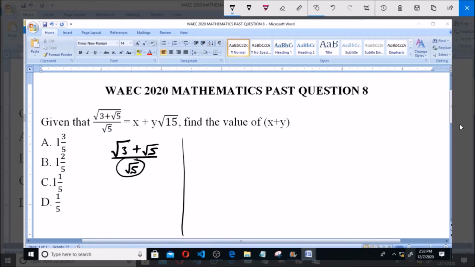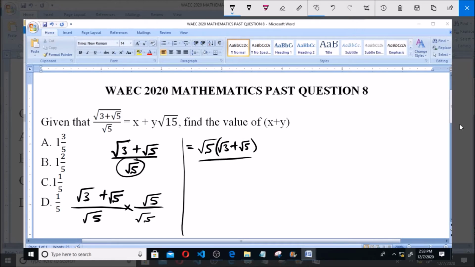So therefore, rationalizing it, we have (root 3 plus root 5) all over root 5 multiplied by root 5 over root 5. Now this is equal to root 5 into (root 3 plus root 5) all over root 5 times root 5.